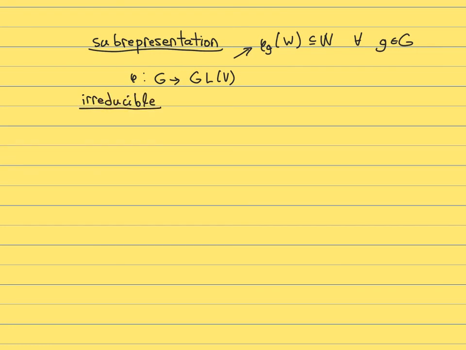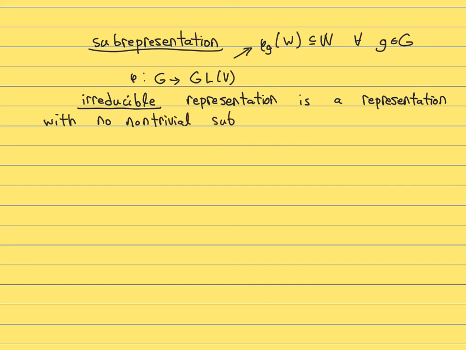An irreducible submodule or representation is a representation with no non-trivial subrepresentations, because there's always two trivial subrepresentations, namely W being the all zero vector space, or W being the full vector space.